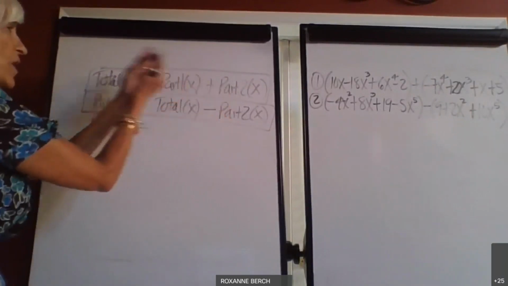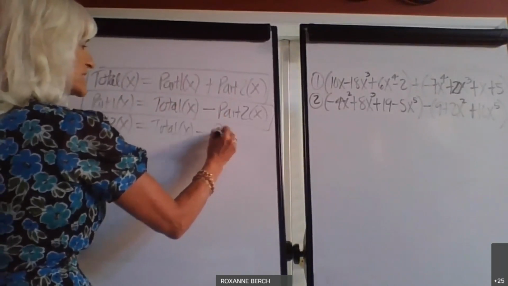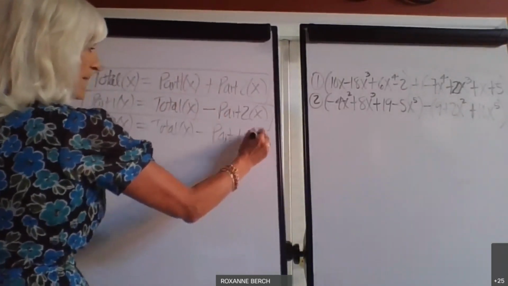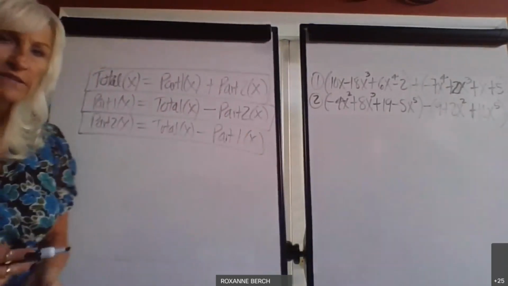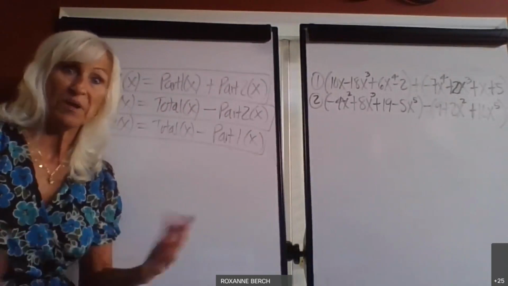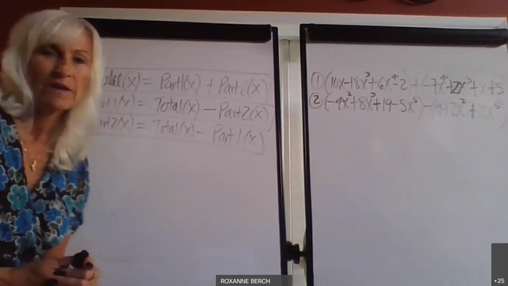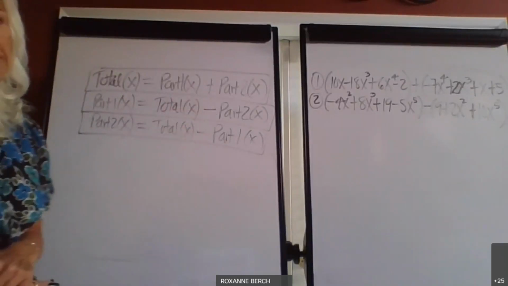If I subtract part 1, I would have the total in terms of x minus part 1. So there are 3 different equations that we can use depending on the problem. The first one is a sum. The second 2 are differences.